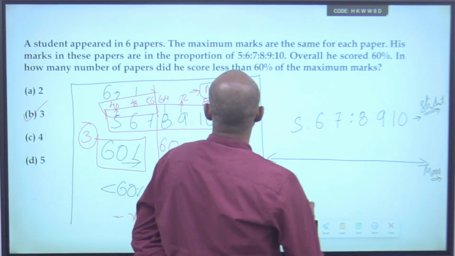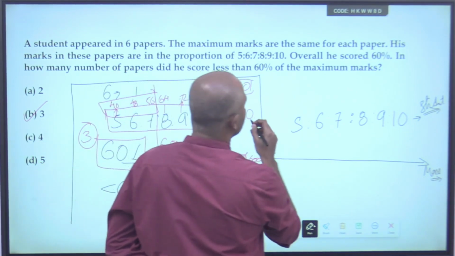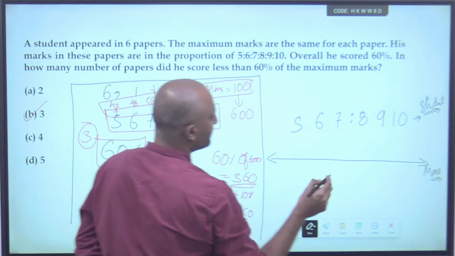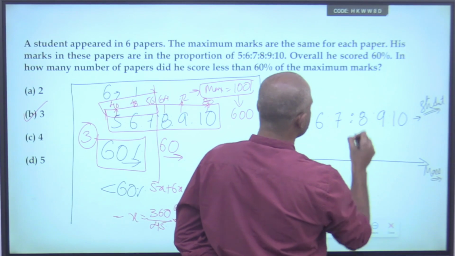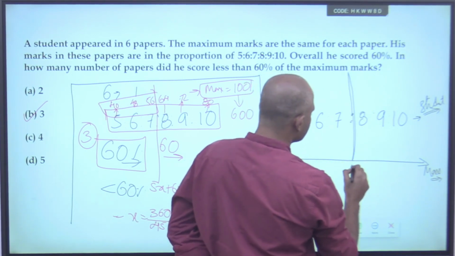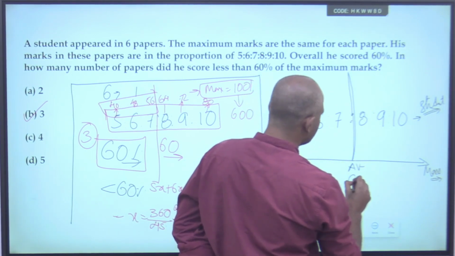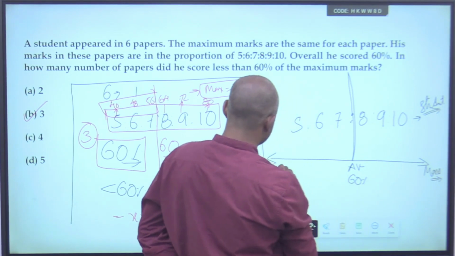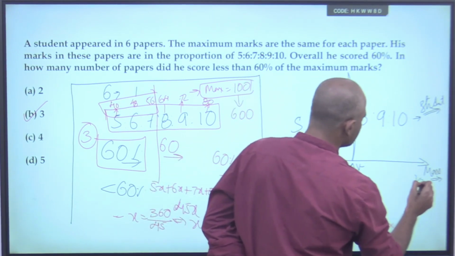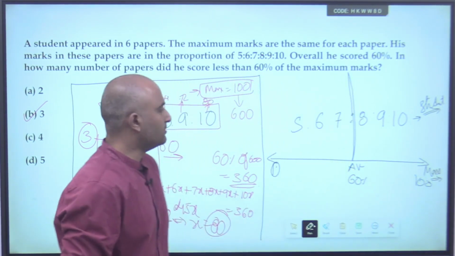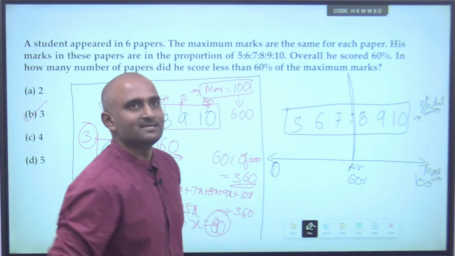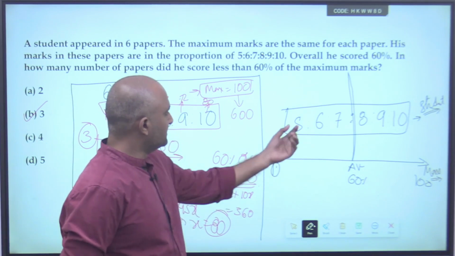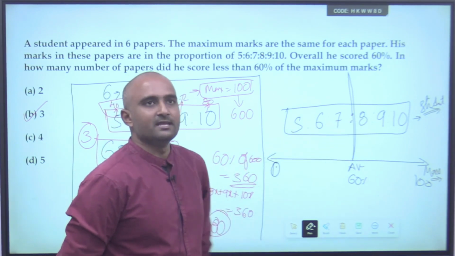So, when compared to maximum marks, his average, which I am denoting by this line, is 60%. This is 0%, this is 100%. Now, you have seen this, right? What does this tell you? It means there is only one step deviation here.